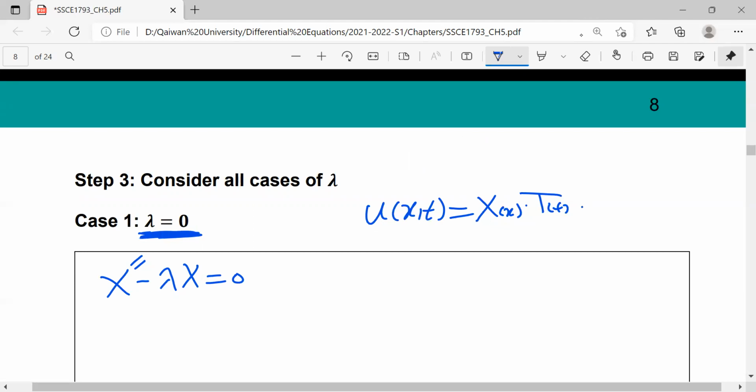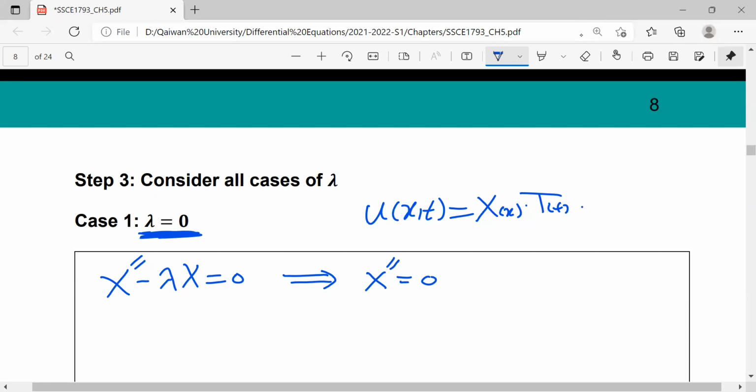First, let's say lambda is 0. Then this differential equation becomes x double prime equals 0, because 0 times x is 0.